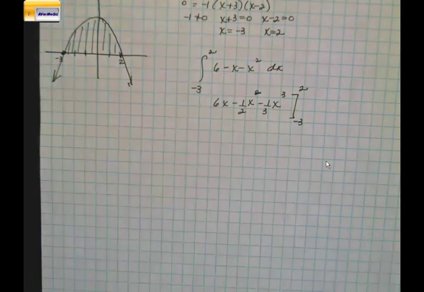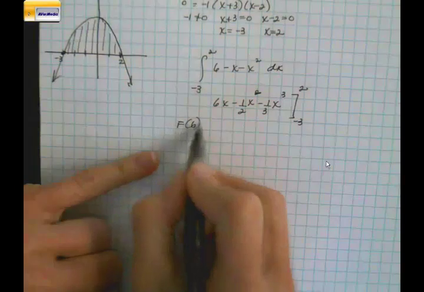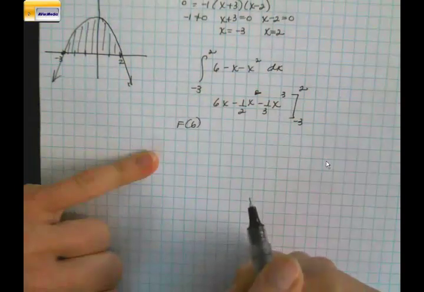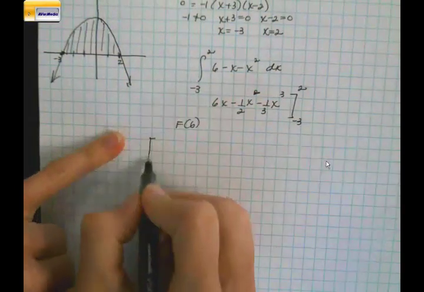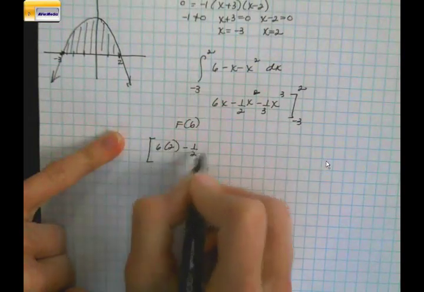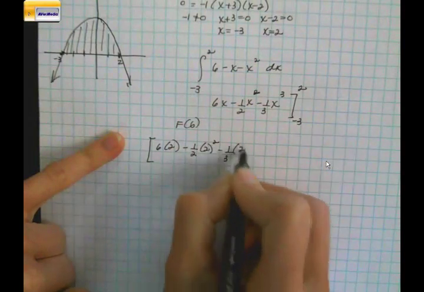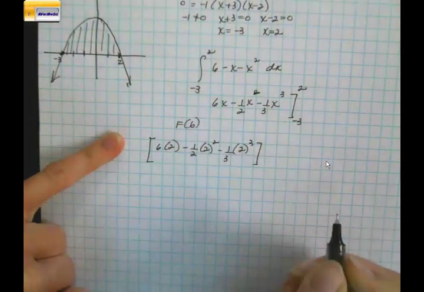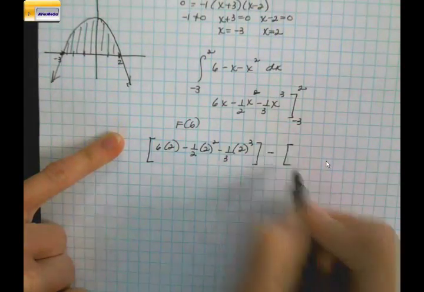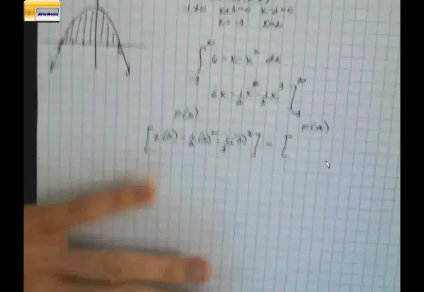We all good? So now the upper bound, the f of b, the antiderivative evaluated at b where b is 2, is going to be, put the 2 in, 6 times 2 minus 1/2 times 2 squared minus 1/3 times 2 cubed, that's f of b, minus f of a, which is to plug in the lower bound of negative 3.